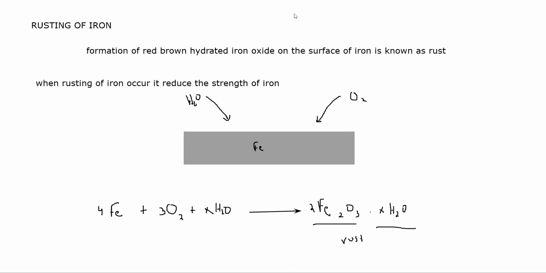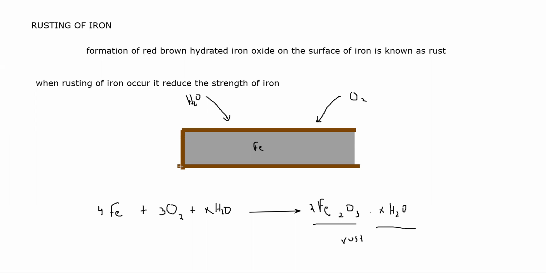So when this reaction occurs, the surface of the iron will turn red brown due to this chemical reaction. And this will reduce the strength of iron. How does it reduce the strength of iron? Because this hydrated iron oxide does not remain in contact with iron.